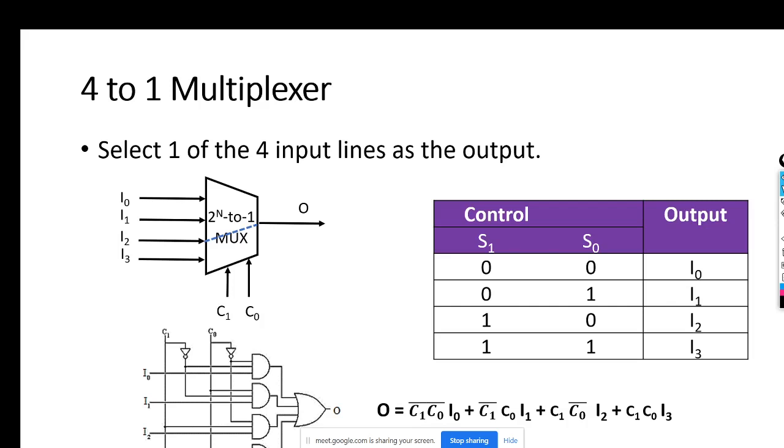Especially multiplexers and decoders are used for communicating a particular signal. Adders are used in your processor, microprocessor, whereas multiplexers and decoders are heavily used in data communication, between processor and memory, or in networking.